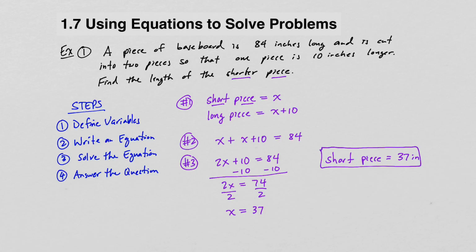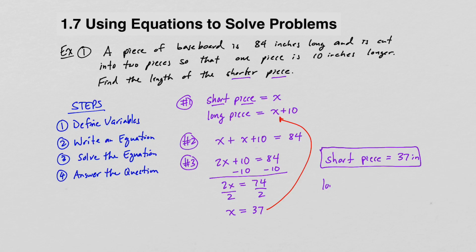But just to make sure you understand this, I could have asked you to find the length of the longer piece. And if I asked you to do that, you wouldn't set up the problem any differently. It's just that in the end, you would have to take X equals 37 and plug it into the longer piece if you wanted to know what that was.